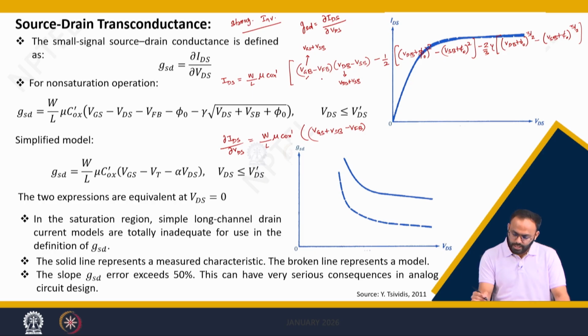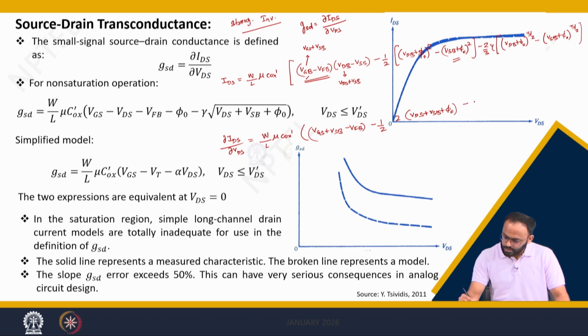Differentiating with respect to VDS, we keep the same parameter, minus half, and this will give you 2 times VDS plus VSB plus phi naught, and this is 0, minus 2 by 3 gamma into 3 by 2, again VDS plus phi naught plus VSB.